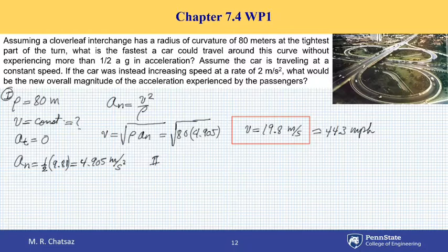Part 2, it says, if the car was instead increasing speed at a rate of 2 meters per second squared, meaning if the tangential acceleration, which is change in speed, is 2 meters per second squared, what would be the new overall magnitude of the acceleration experienced by the passengers?